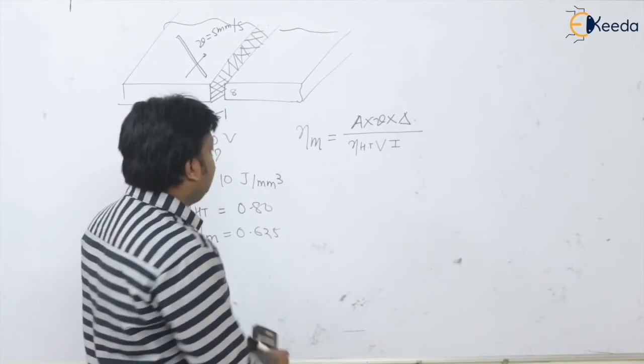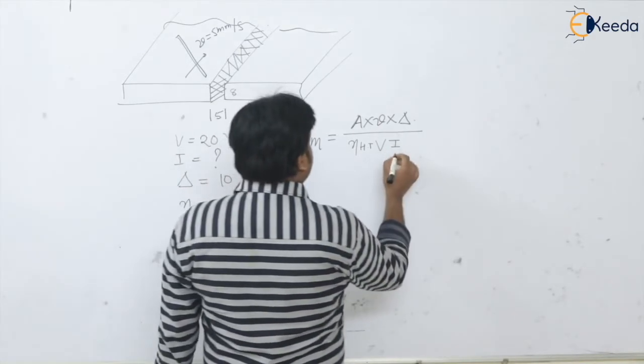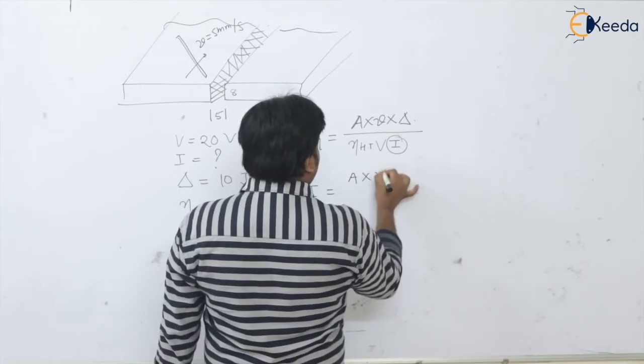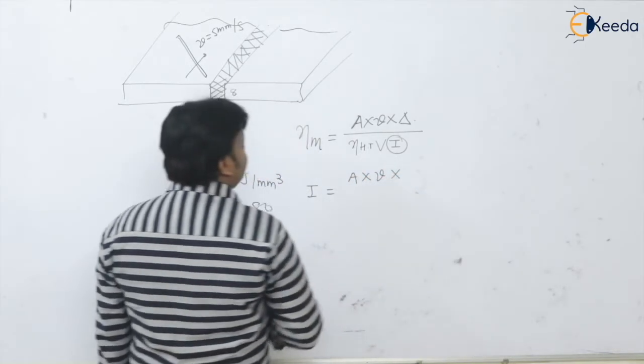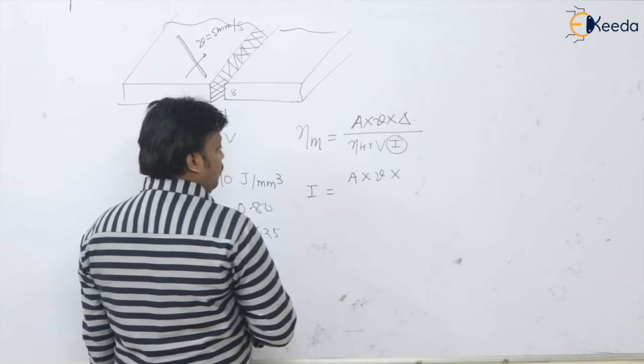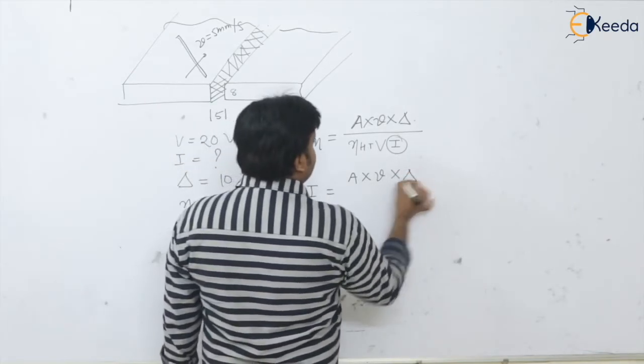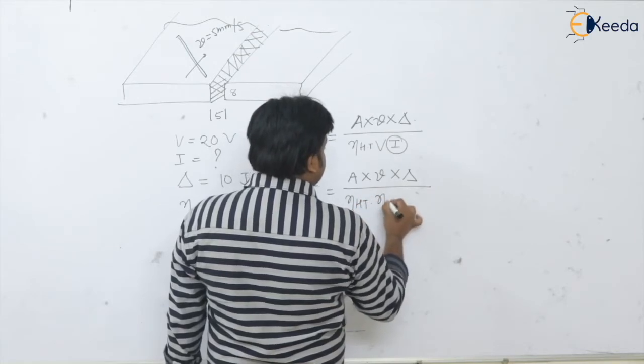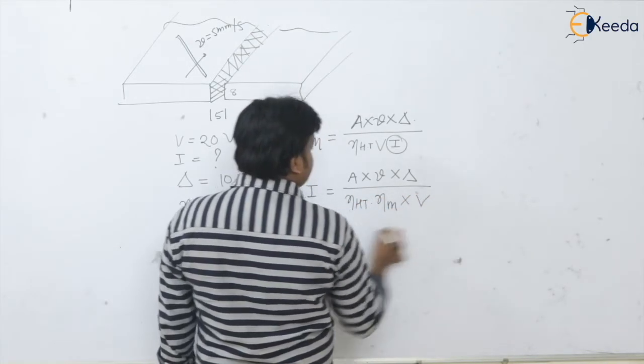So I will be area of weld into travel speed of the electrode into the heat, divided by eta ht into eta m into voltage.